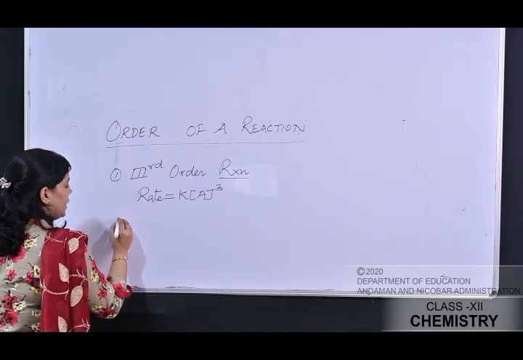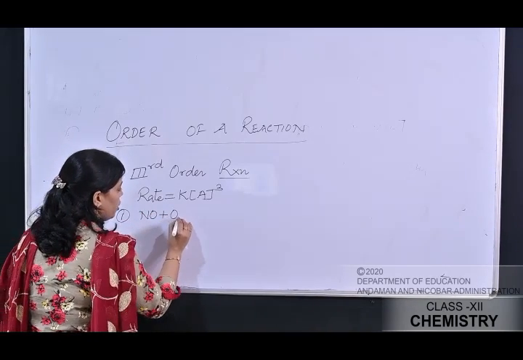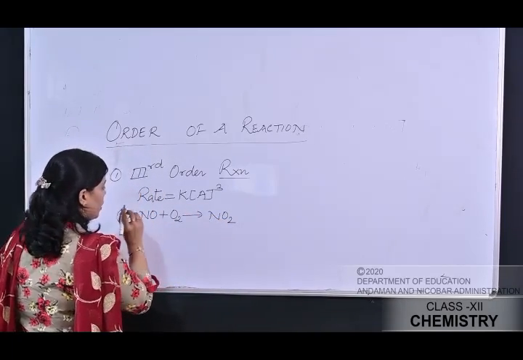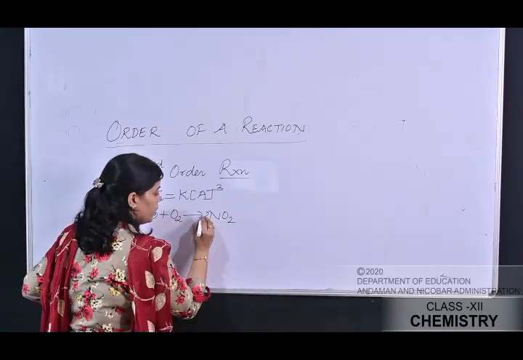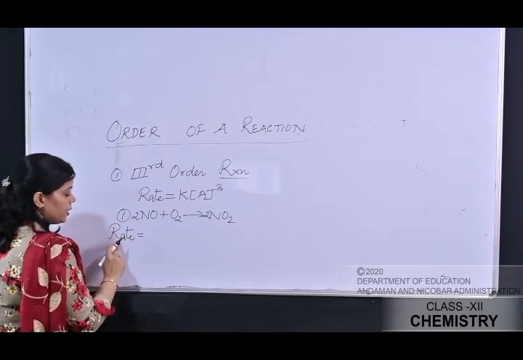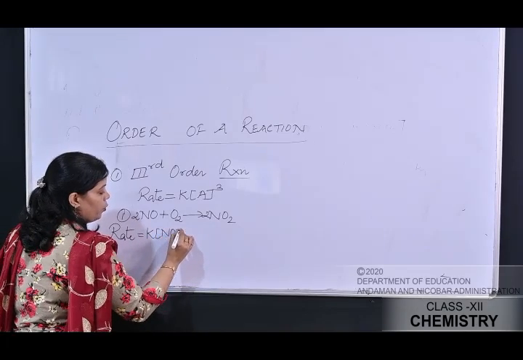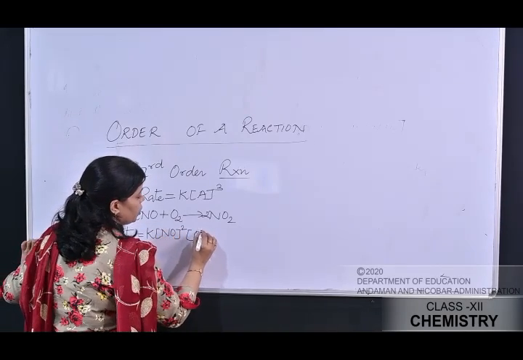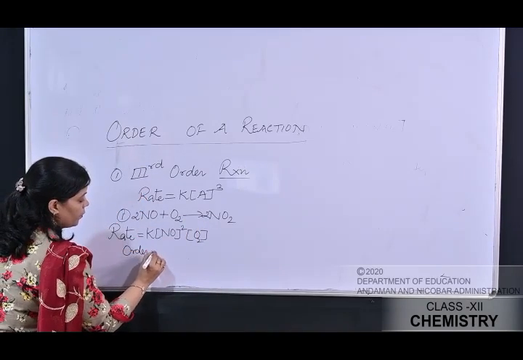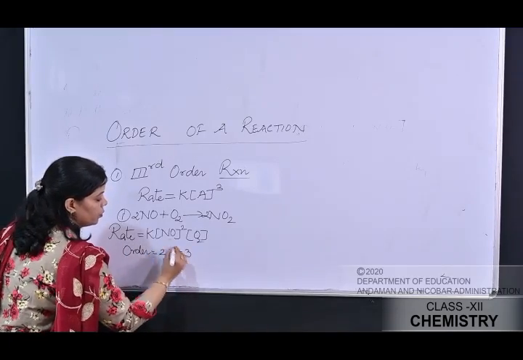The example of the third order reaction is the oxidation of nitrogen oxide to give nitrogen dioxide. The experimental study shows that the rate of the reaction is directly proportional to the concentration of NO raised to power 2 and the concentration of oxygen raised to power 1. So for this reaction the order of the reaction is equal to 2 plus 1, which is 3.